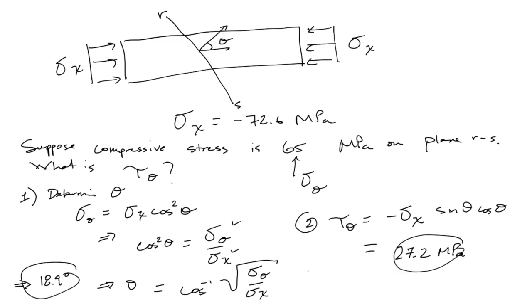Okay, so in summary, this lecture is introducing you to this idea that the behavior of the stress depends on the orientation of a cut plane. That's a very fundamental idea. So as the cut plane rotates from theta all the way around 360 degrees, the normal stress and the shear stress magnitudes vary.